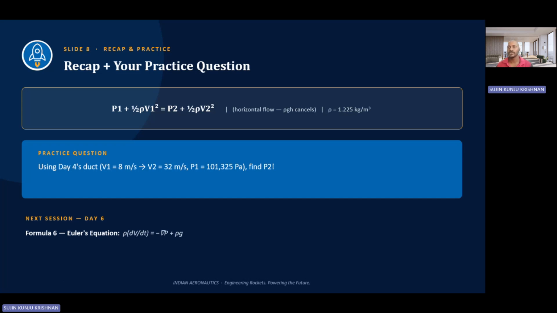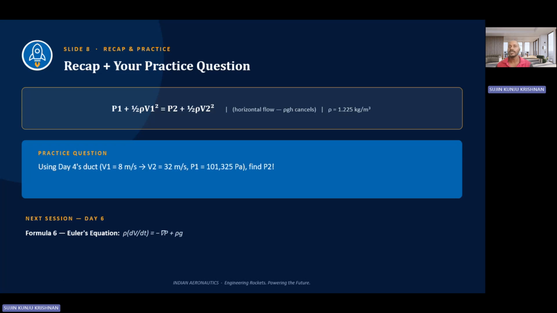Your practice question, using yesterday's practice where velocity went from 8 meters per second to 32 meters per second: find the pressure drop starting from P1 equals 101,325 pascals. Drop your answers in the comments.